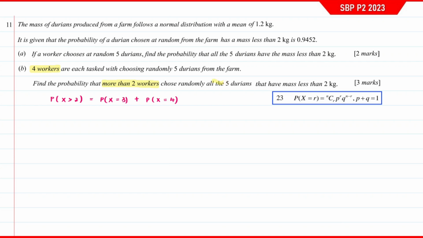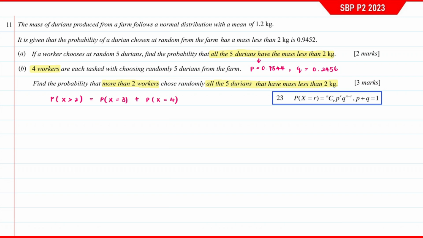So the probability of all 5 durians having mass less than 2 kg is the same as in question A. So the probability for the success, which is the P, is equal to 0.7544. Then the Q will be 1 minus 0.7544, which is 0.2456.